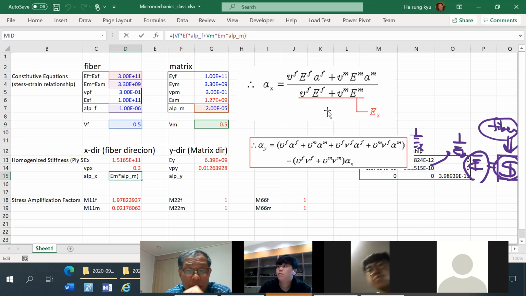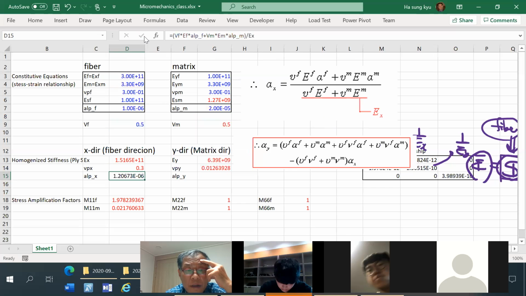And then divide by, well, you can use this one, but that is nothing but the EX, right? So divide by the EX. And that is the alpha X.